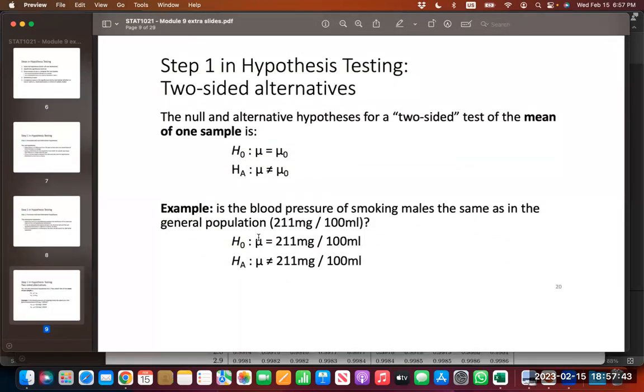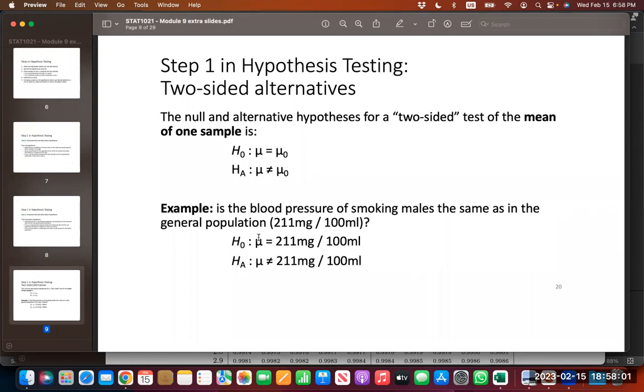Those of you that are chemistry or physics majors will know that deciliter and milliliter can be converted. So it's 200 milligrams per deciliter that we're looking at.